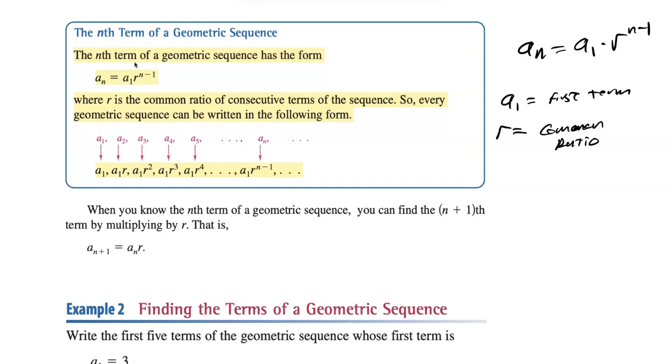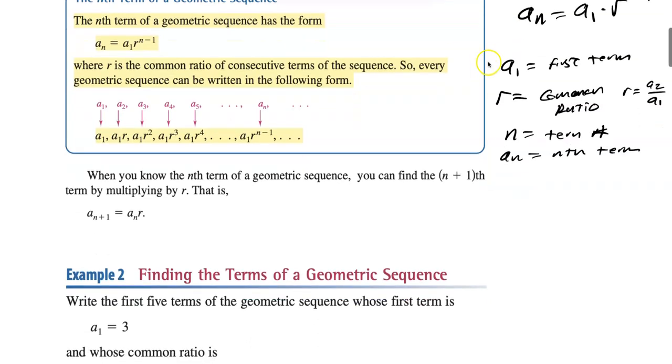And remember, the easiest way to find r is A_2 over A_1. And then n is the term number. Sorry, A_n is the nth term. So that's the formula. It's a little more basic formula.